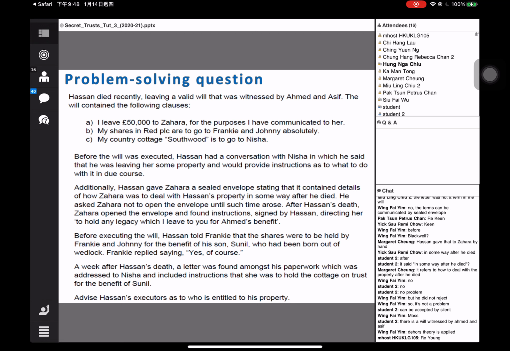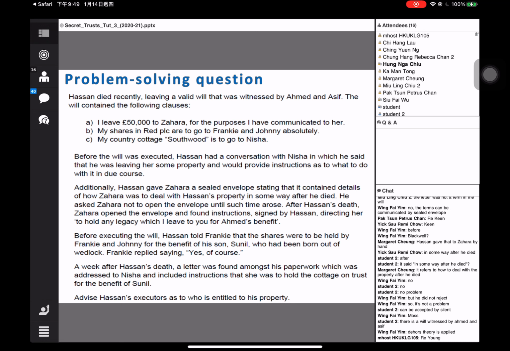So if we apply Re Young, and assuming that the envelope with the terms was passed to Zahara before or at the time of the execution of the will, then it seems that we have a valid half-secret trust, and therefore Zahara will have this equitable obligation to hold this £50,000 on trust for Ahmed. Okay.